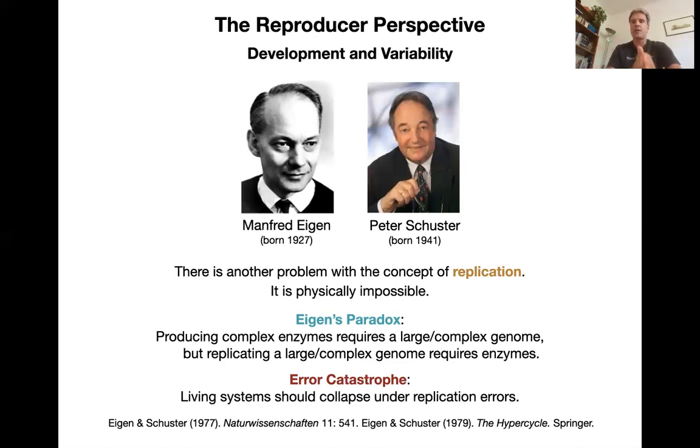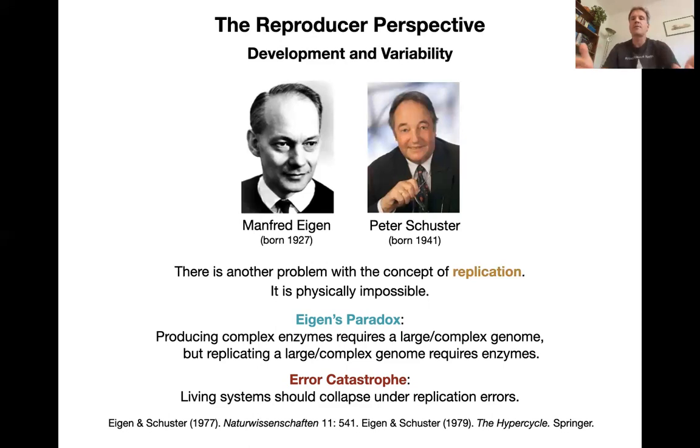Remember, you need to be stably inheriting characteristics across generations to be able to evolve. But you can't do that if you're a naked RNA molecule that's just replicating itself, because the errors that you make in copying yourself accumulate over time necessarily. That's the laws of thermodynamics, unless you have some sort of error correcting mechanism.